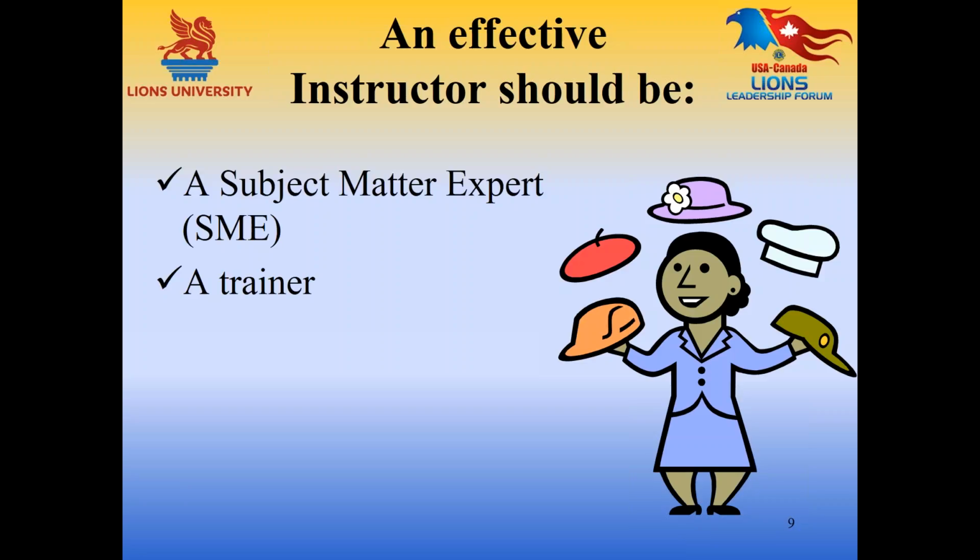You need to be a trainer. You need to be able to figure out how best to get your message across. And again, if we're talking about a skill, what type of equipment, what type of things do you need to do as an instructor that gets that point across?